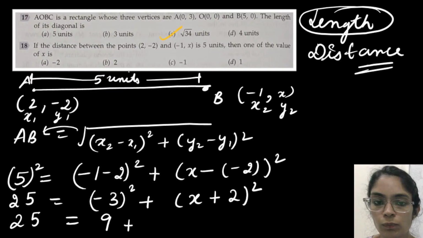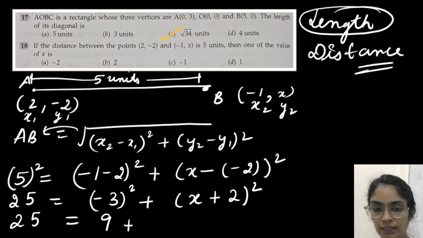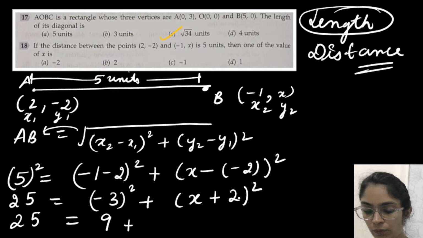Here, what do we have to do in this question? Yes, we have to use an identity here. Which identity? We cannot add x and 2, so we can use a plus b whole square, and it will become a quadratic equation.